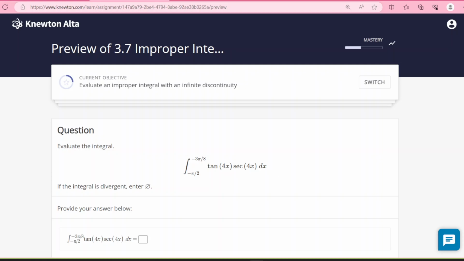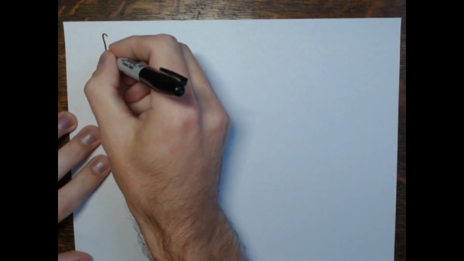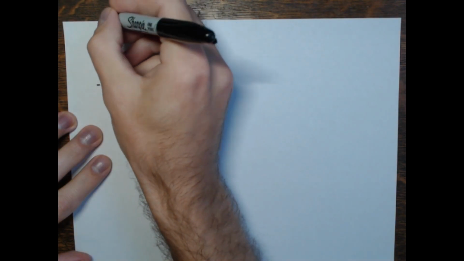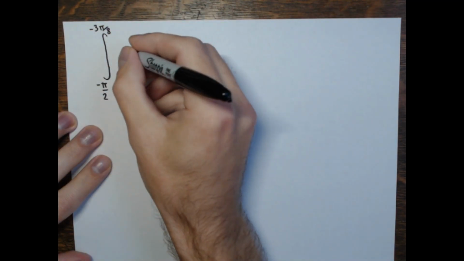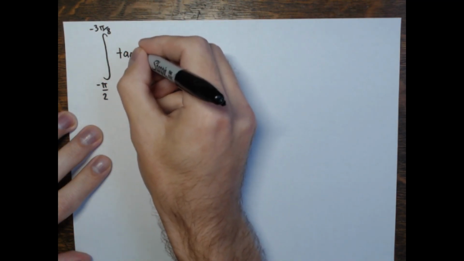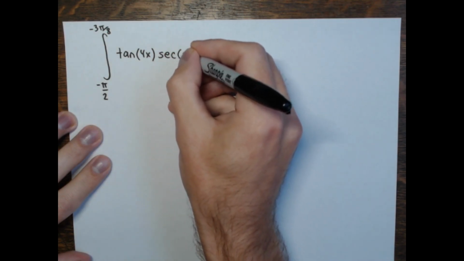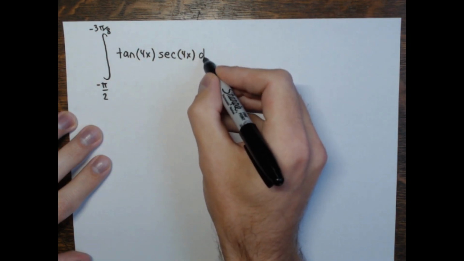Let me write that out and try to figure out where the integrand is discontinuous over this interval from negative pi over 2 to negative 3 pi over 8. The tangent of 4x times the secant of 4x dx.